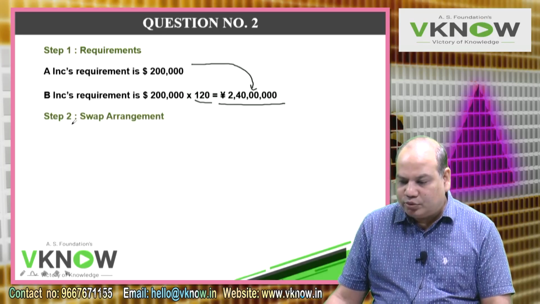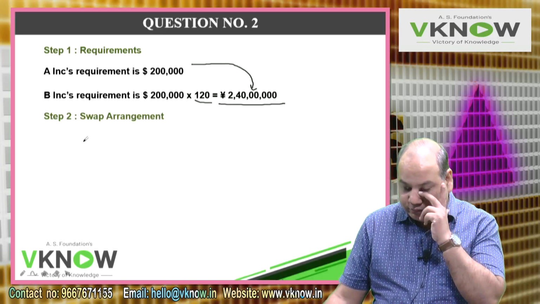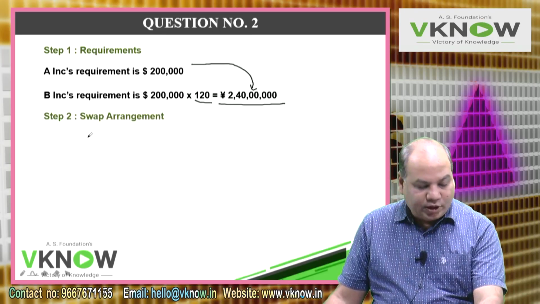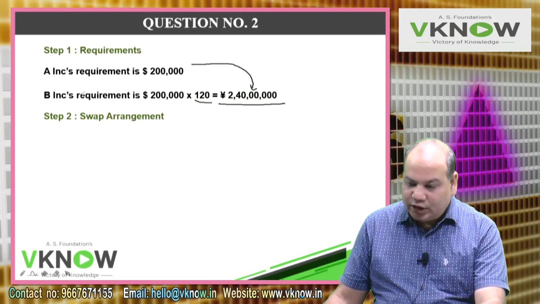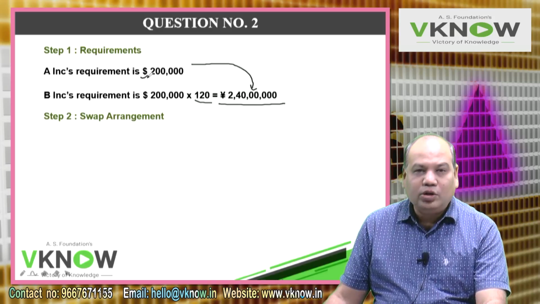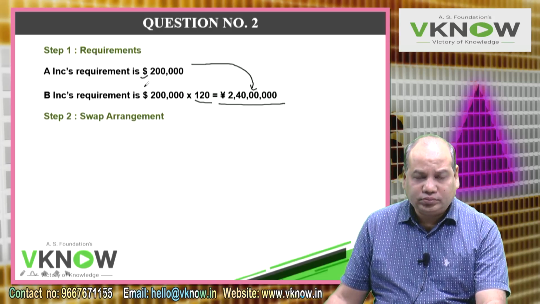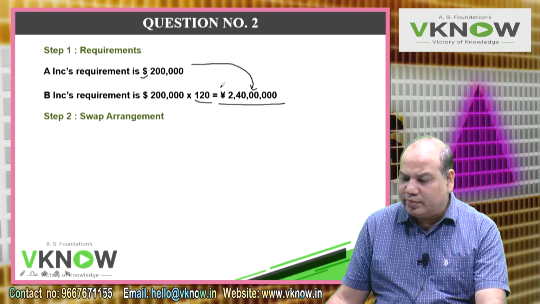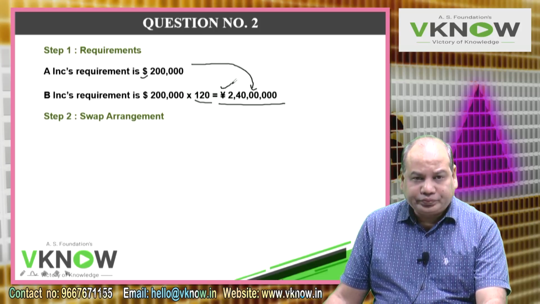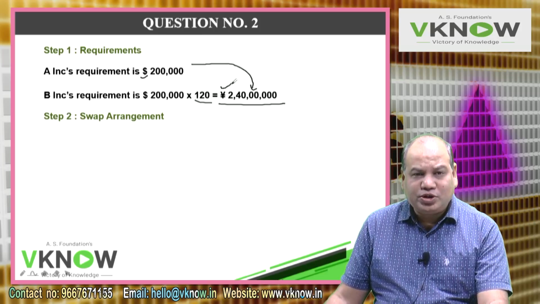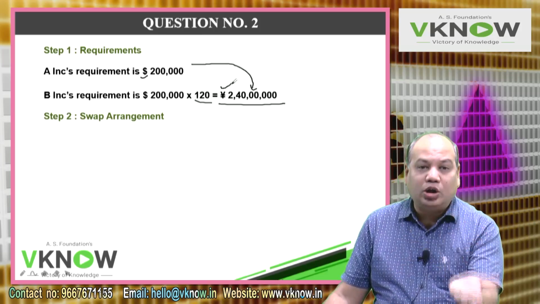Next, write down step 2, swap arrangement. When they are saying swap arrangement, if A's requirement is dollar, then A will not borrow dollar. Then A will borrow yen. And B's requirement is yen, so against its wishes, it will borrow in dollar first.